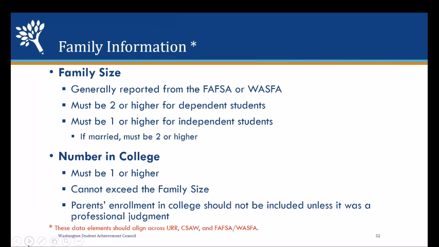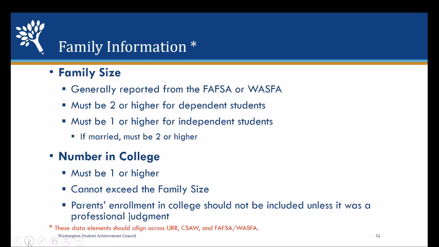For family size, generally, it's reported from the FAFSA or WASFA. It must be 2 or higher for dependent students and 1 or higher for independent students. And we did add here, if the student is married, the family size must be 2 or higher. That should create an error.